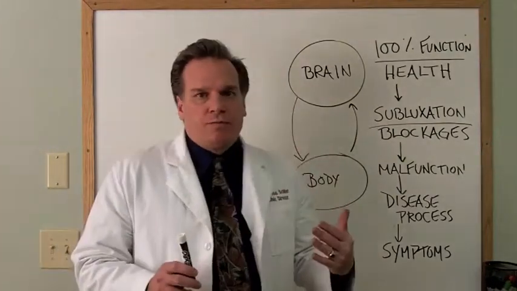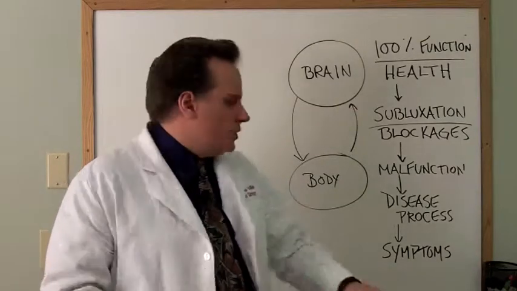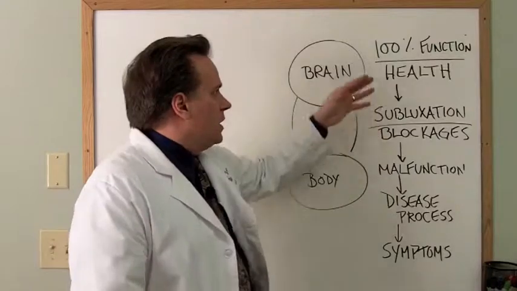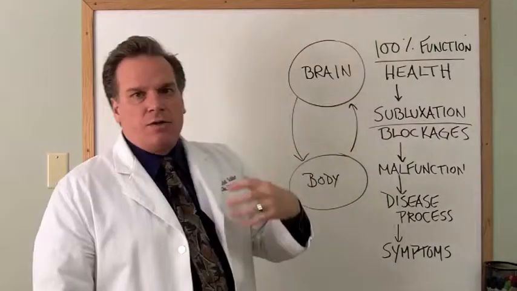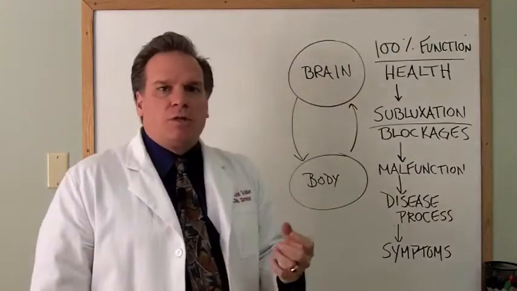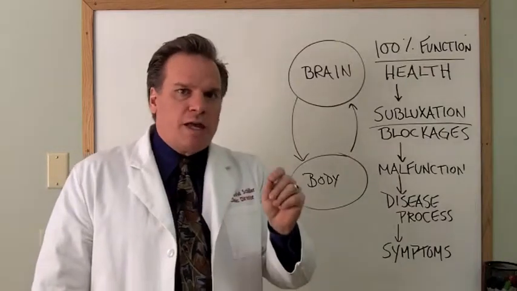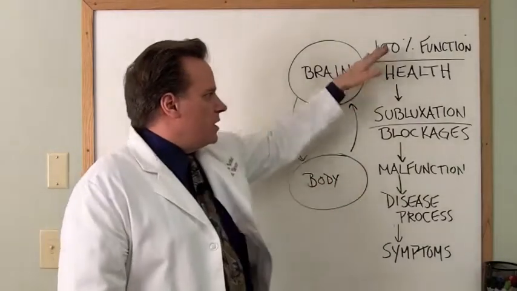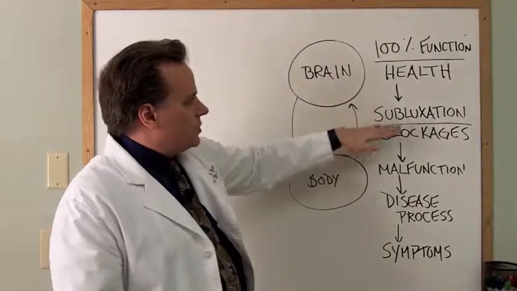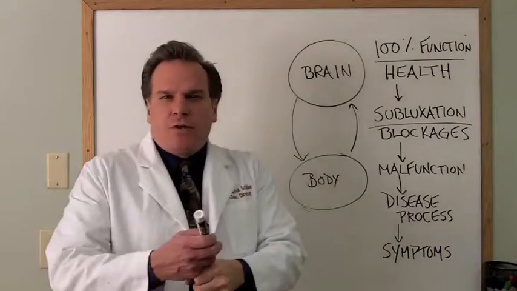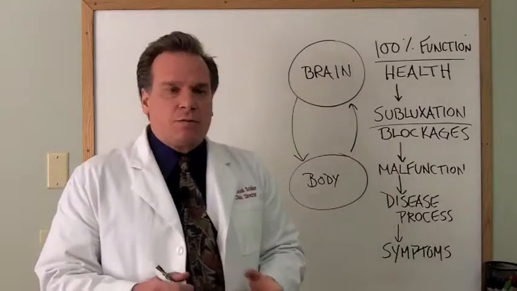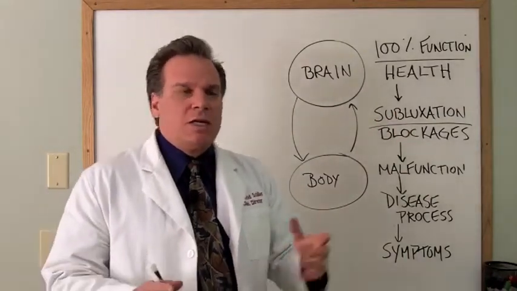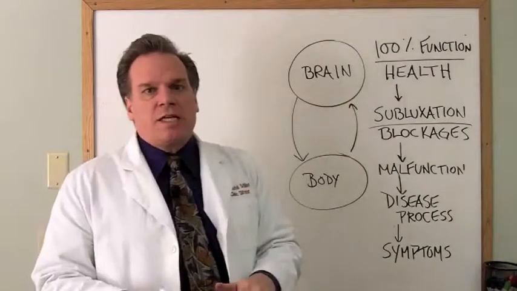A relief program would be the number of visits necessary just to get rid of symptoms. So if you remember from our previous post about function and health, the brain and the body are connected. There's this neurological integration that's supposed to be occurring, and if the brain controls everything, then if there's interferences on this communication system, where there's subluxation or blockages or interferences along the nerve pathways, if they're in the spine, we call them subluxation because the vertebrae are not moving appropriately, so as a result, the communication starts breaking down.